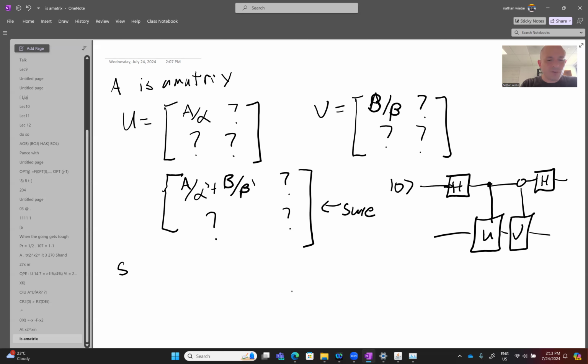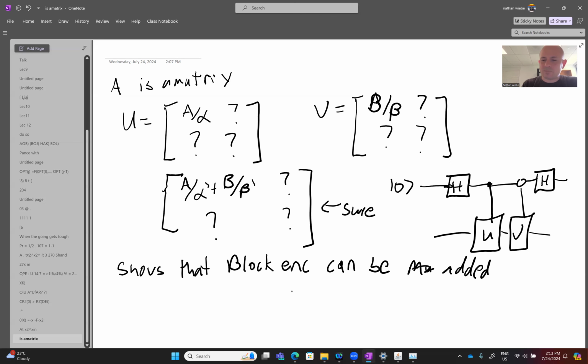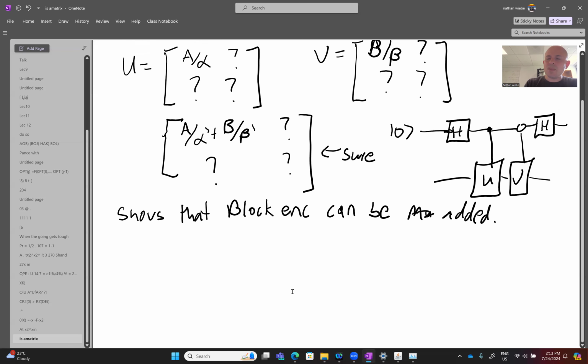So this shows that block encodings can be added. We can actually also do similar things to be able to multiply.